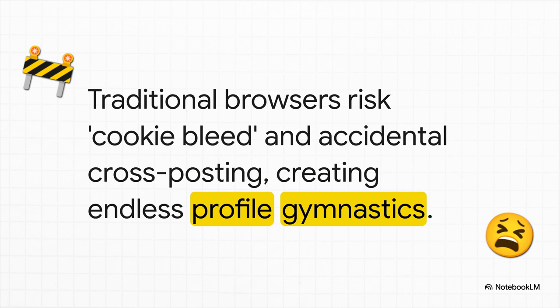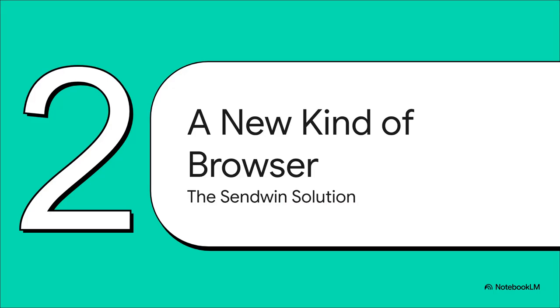And that leads to accidental posts on the wrong account, and what I like to call profile gymnastics, that endless dance of logging out, clearing your cache, and logging back in. It's exhausting. But what if your browser was actually built from the ground up to solve this problem? Well, that's the whole idea behind the solution we're looking at today. Let's see how it offers a completely different way to work.